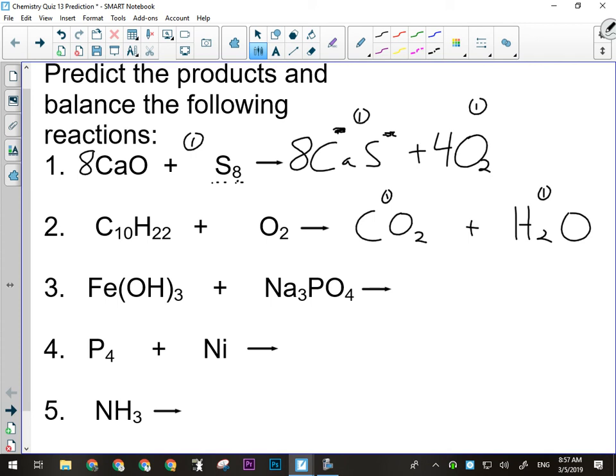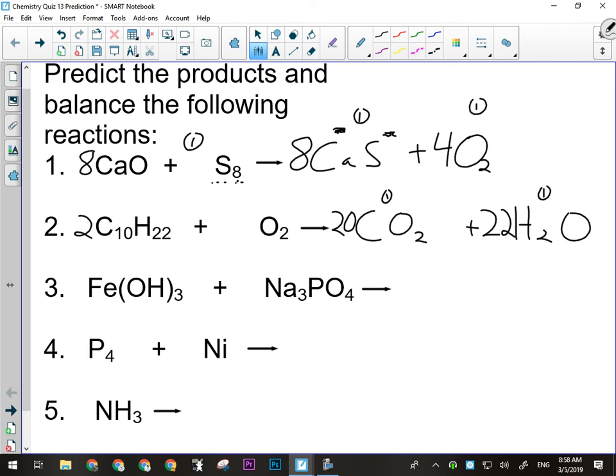We have special balancing rules for combustion reactions. We have to balance alphabetically, and we have the rule of 2. The rule of 2 will apply here because 10 is an even number. I'm going to put a 2 there. Now I'm going to balance alphabetically. 2 times 10 is 20, so I need to put a 20 here in front of my carbon dioxide. 2 times 22 is 44, so I need to put a 22 here.